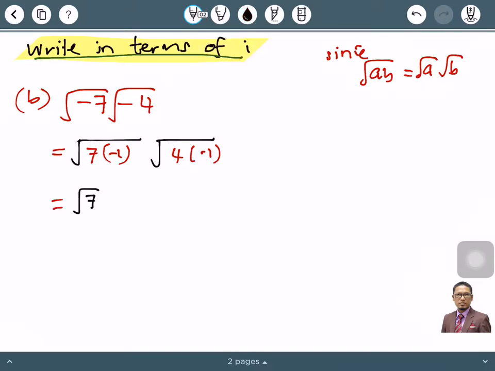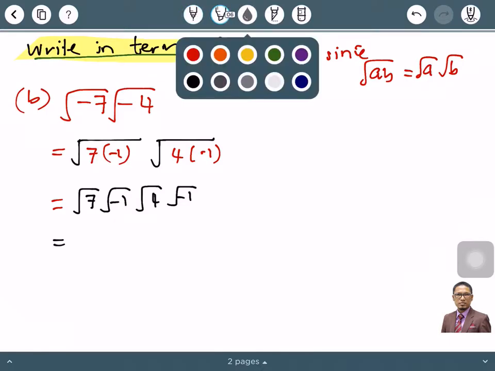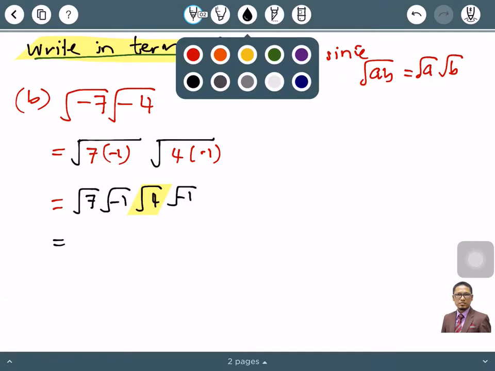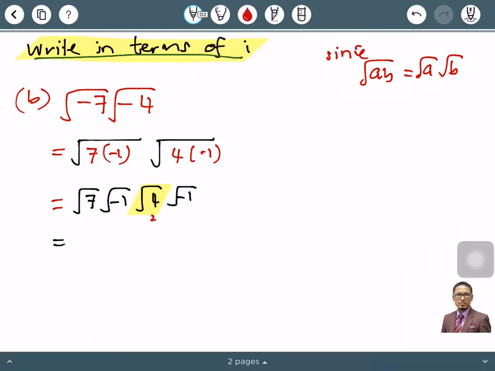So kita pecahkan lagi. Square root of 4 actually equal to 2. So we write 2 times square root of 7, sebab square root of 7 tu tak boleh nak simplify, boleh dapat nombor perpuluhan, kita cuba elakkan.